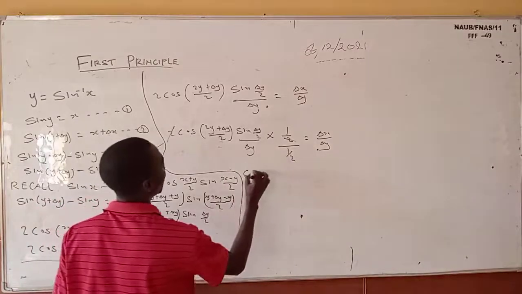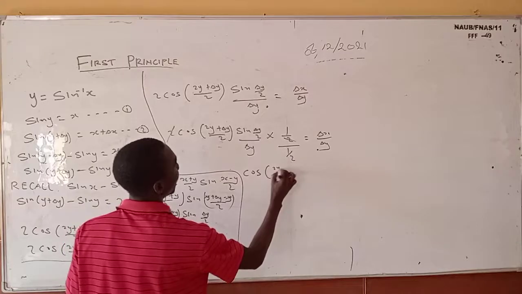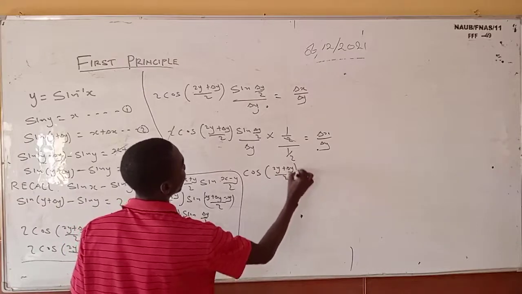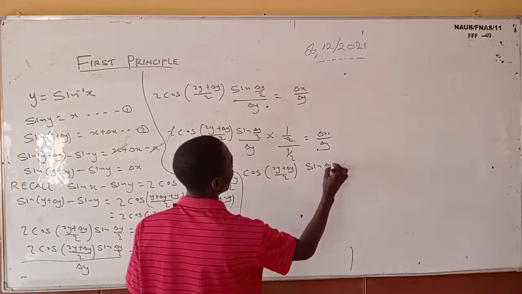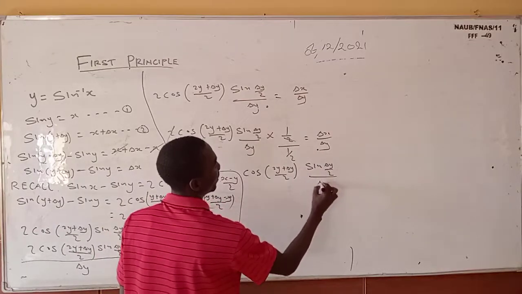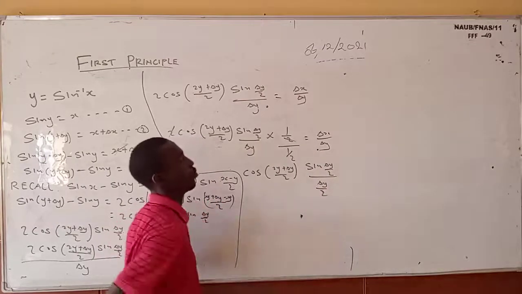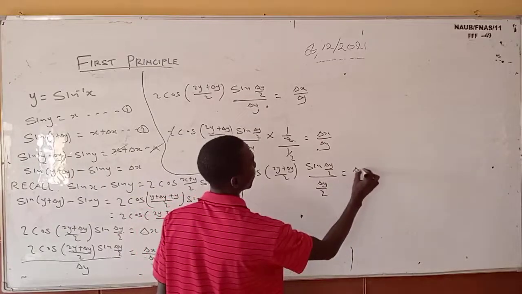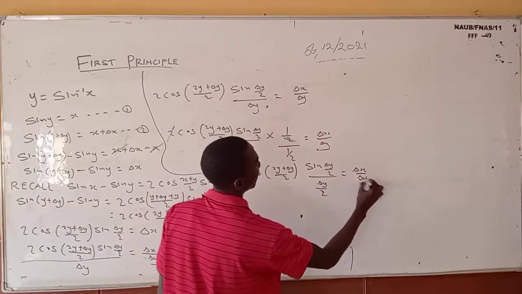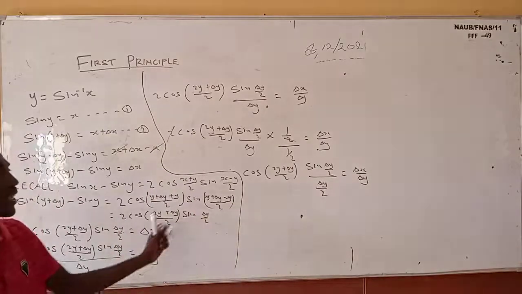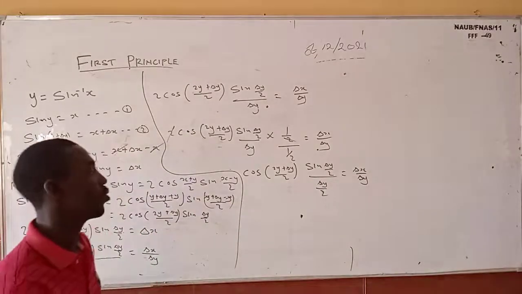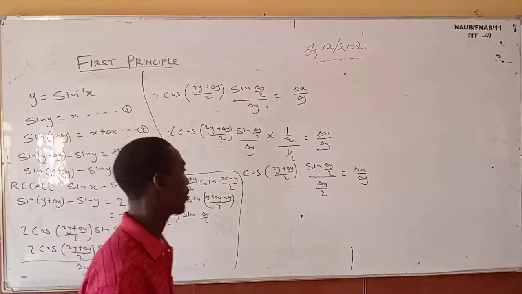So we are left with what? Cos of 2y plus change in y over 2, and sine of change in y over 2, over what? Change in y over 2, which is equal to change in s over change in y. So now the next step is to take our limit. When we take our limits, what are we going to have?